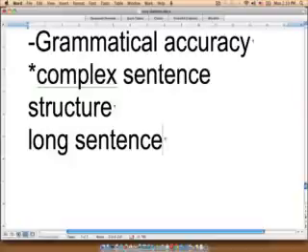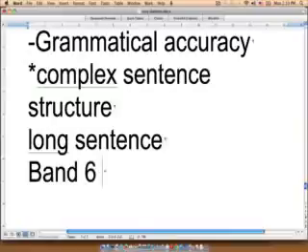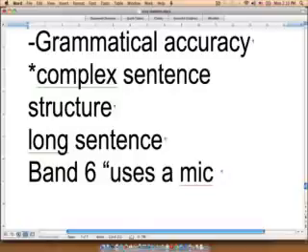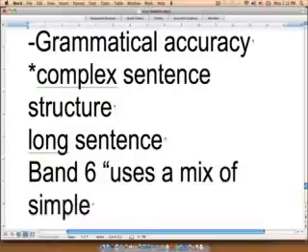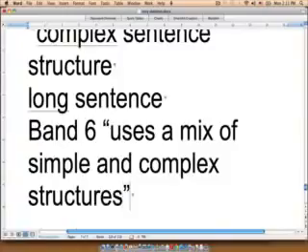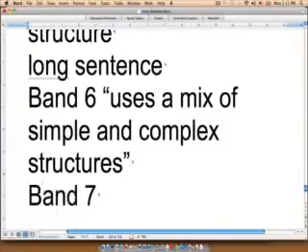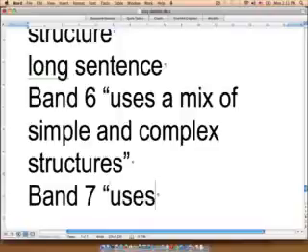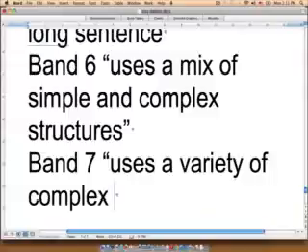So let me quote directly what it says. Band 6 says the student uses a mix of simple and complex structures. That's what band 6 says. Band 7 says the student uses a variety of complex structures.